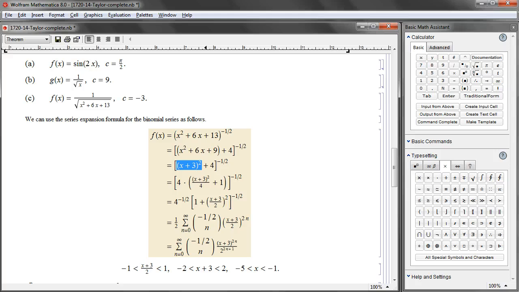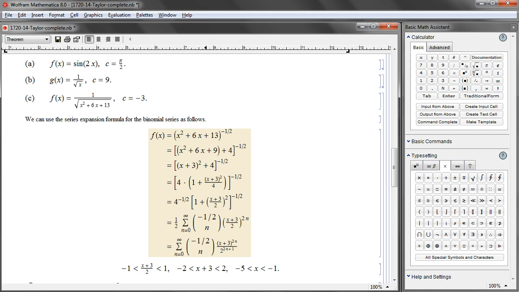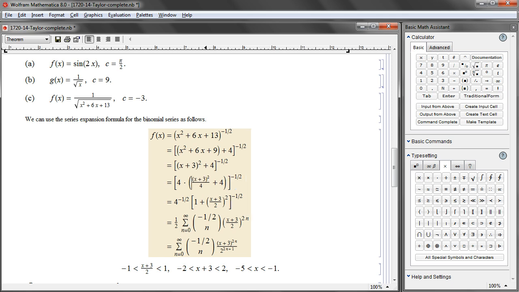Now we want 1 plus something for my binomial series. So factor 4 out, then 4 times this one. Well, never mind. I did take that step in the next term, so let's do it here.